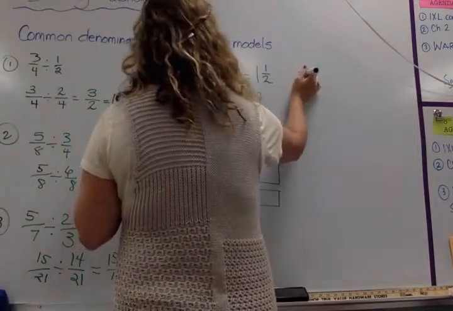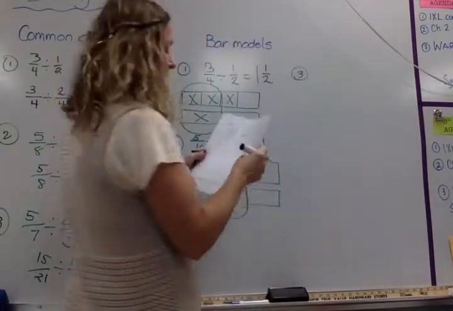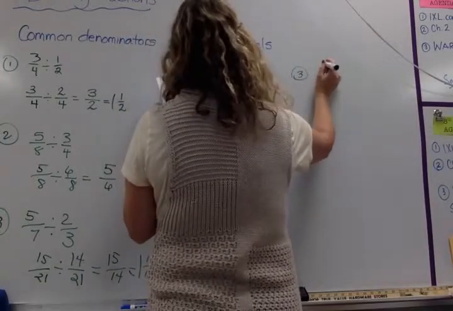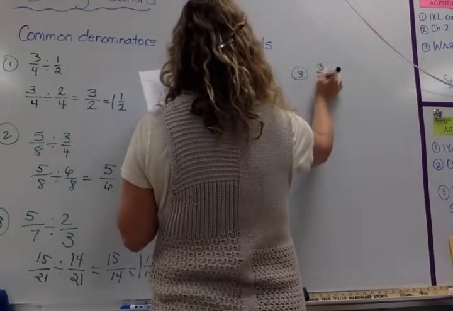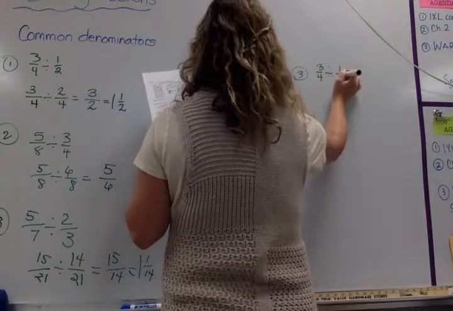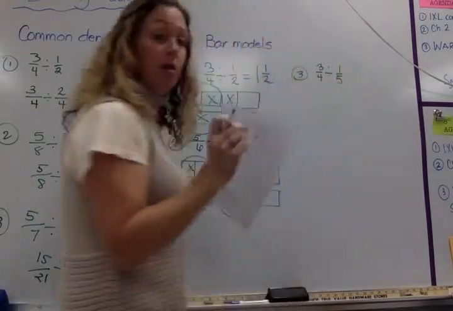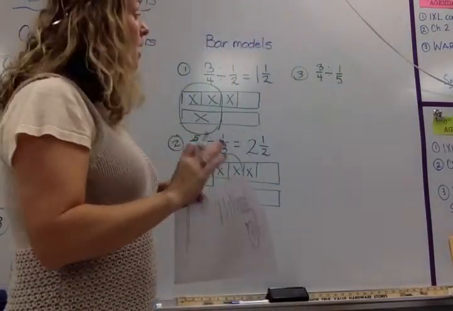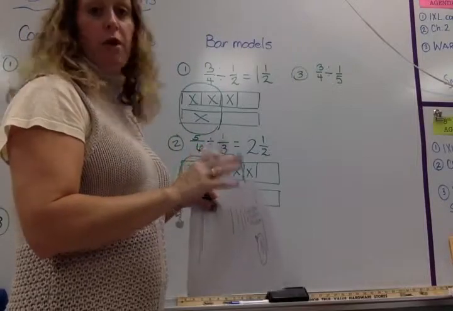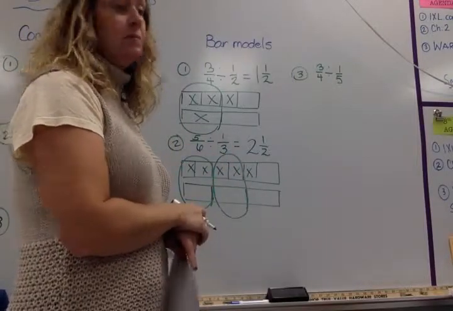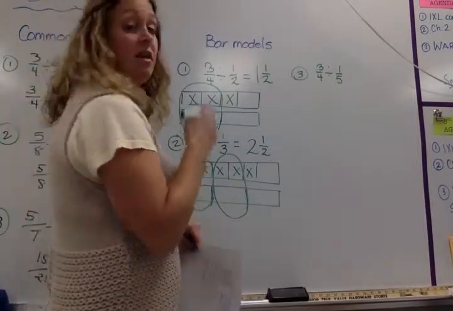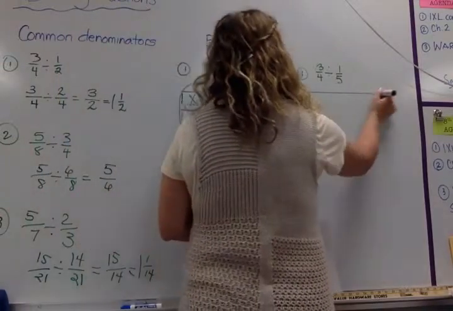Last one. This one's more difficult because you actually need to redraw it with the common denominator. So this is 3/4 divided by 1/5. Pause the video. I want you to just draw a bar model for 3/4 and a bar model for 1/5. This is what it should have looked like.